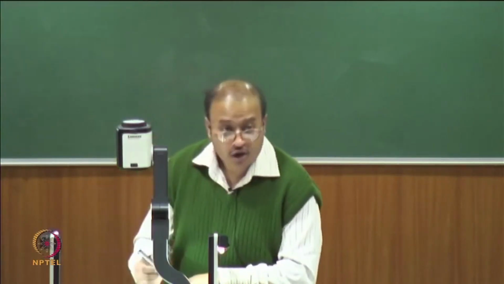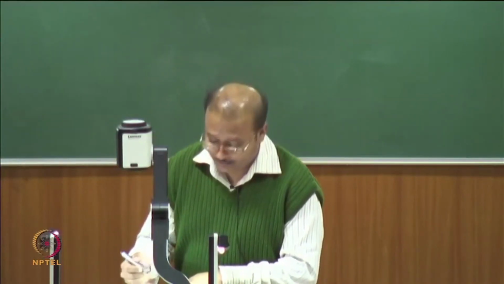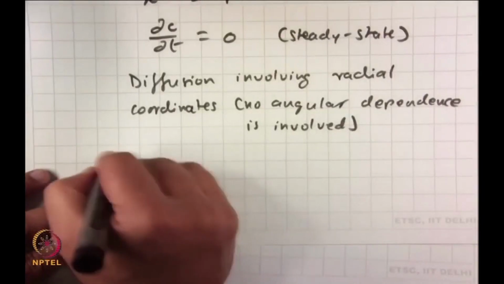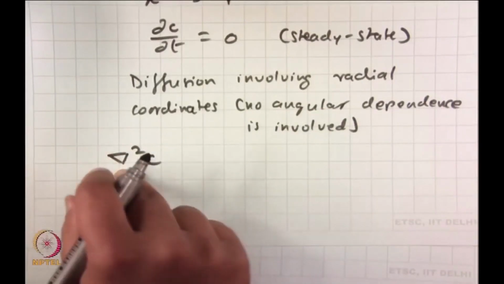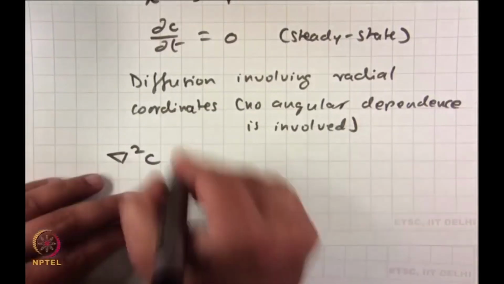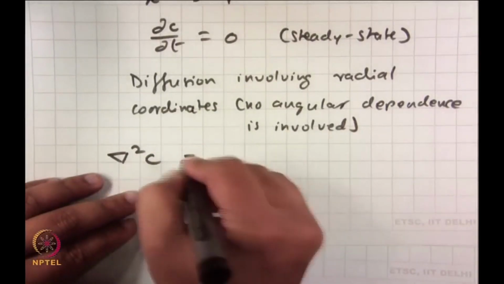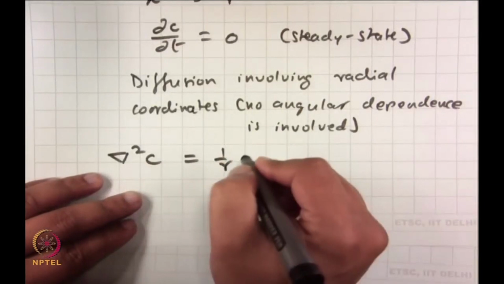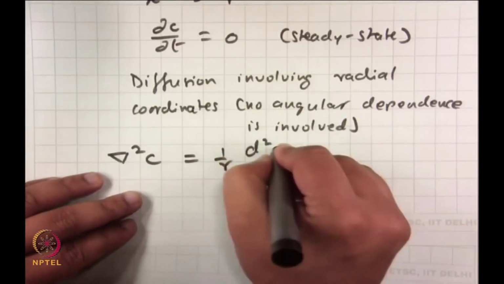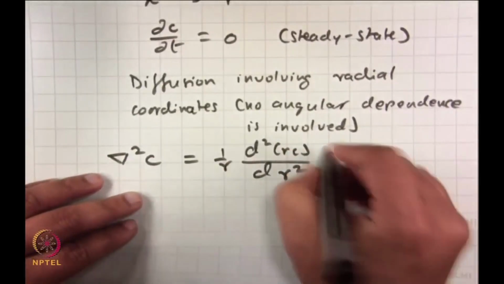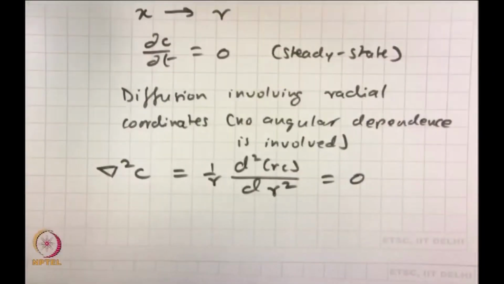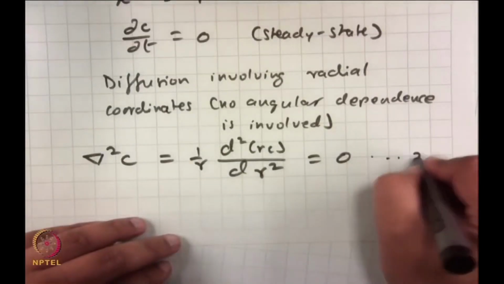So, then the way our equation simplifies is, del square c, where del square now is only a function of a radial coordinate, can be written as 1 by r d2 r c over dr square, and this is equal to 0, and this would be equation 22.